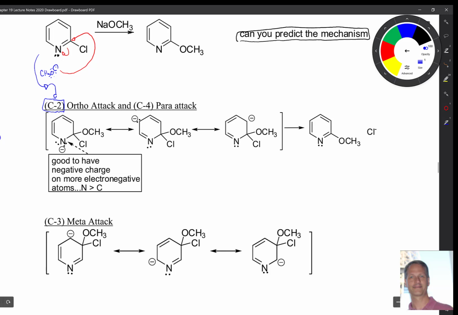So we want this situation to occur, and that occurs both at the ortho, or the 2 position, and the para, or the 4 position. At the meta position, we simply avoid having that negative charge on the atom that we desire. So NAS works well, EAS not so good.